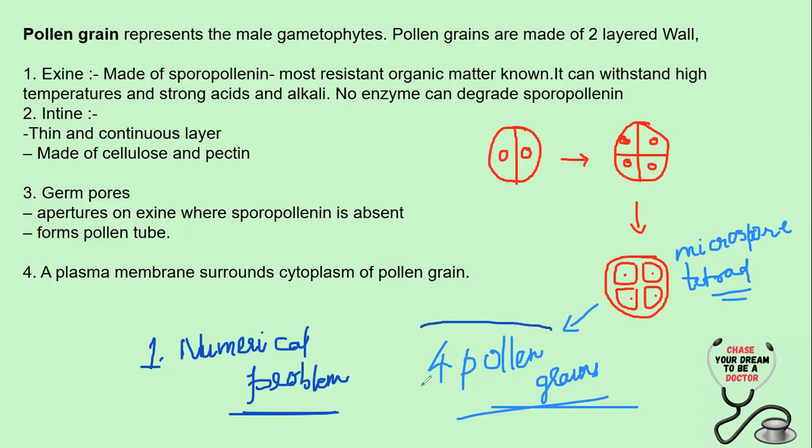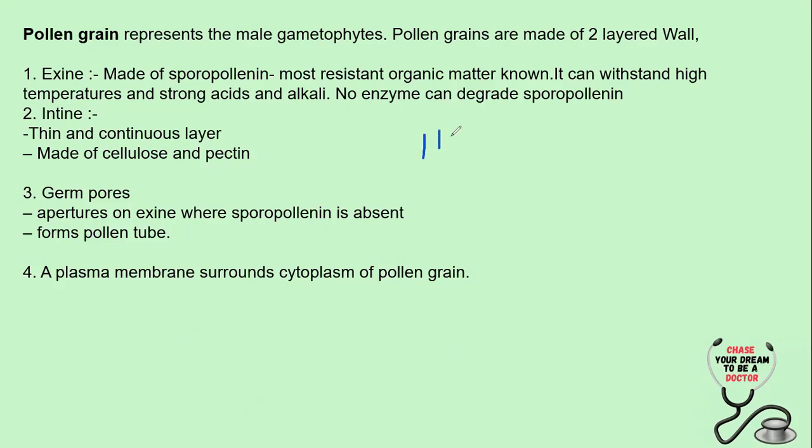During one microsporogenesis, you will get four pollen grains. So if the question is 100 meiotic divisions, how many pollen grains are formed? 400 pollen grains, that is by one you'll get four, so by 100 you'll get 400. Is this process of microsporogenesis clear for everyone?